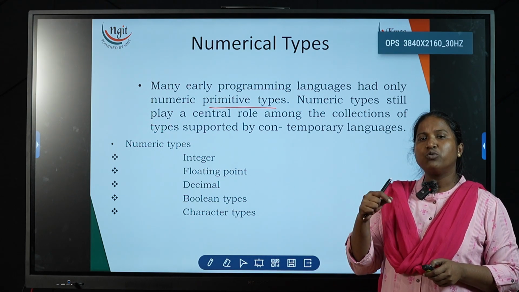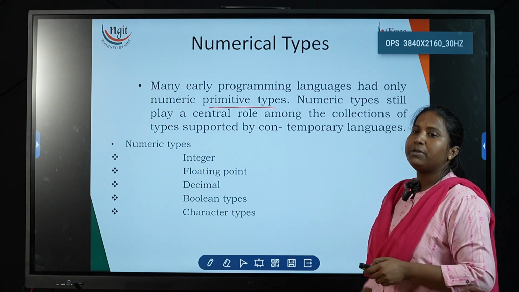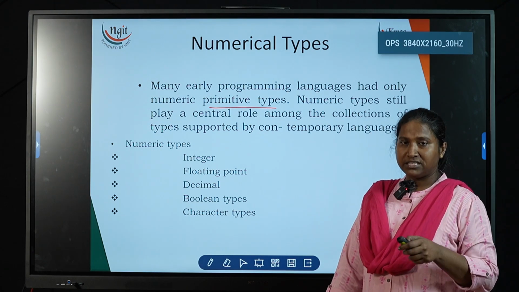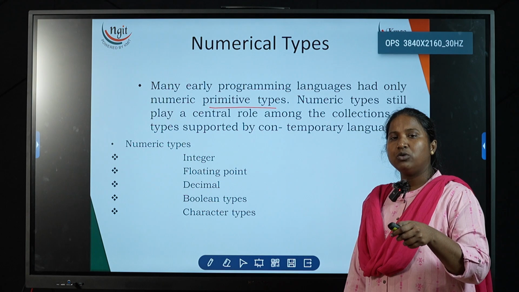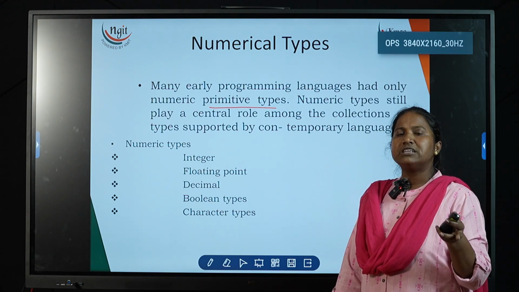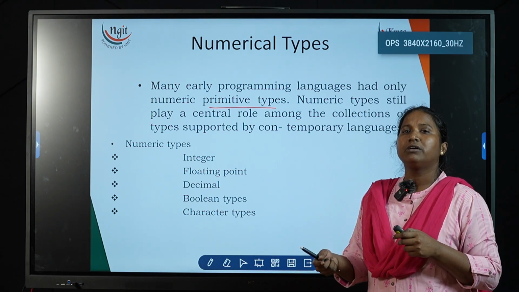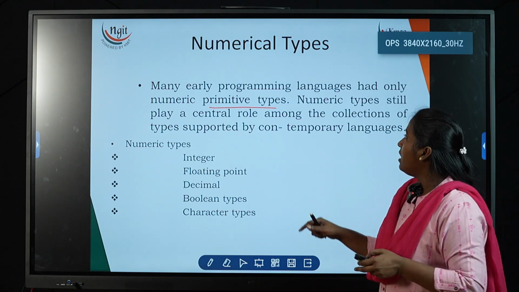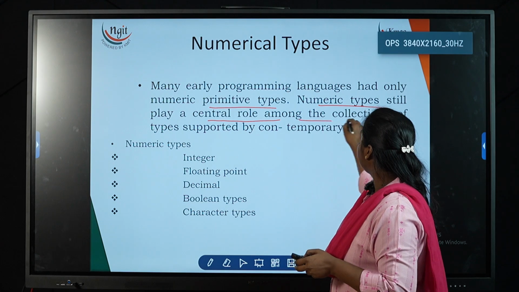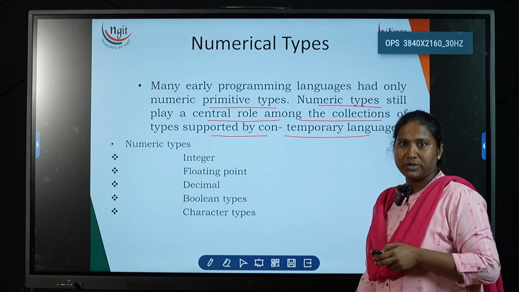From this point, you can understand that many early programming languages had only numeric primitive types. As I mentioned, Fortran and Algol are fundamental major programming languages, the early programming languages. These languages accept numeric as a primitive data type. And numeric types play a central role among the collections of types supported by contemporary languages.